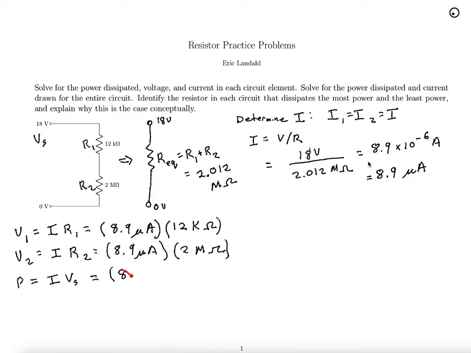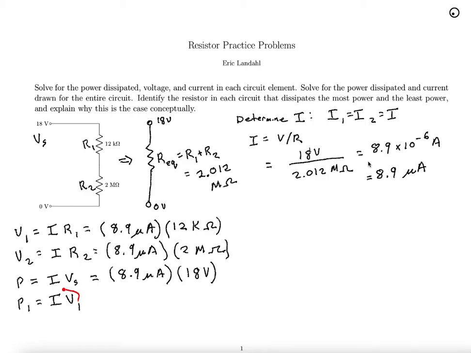So 8.9 microamps times 18 volts, and the power in the first resistor, I times V1.